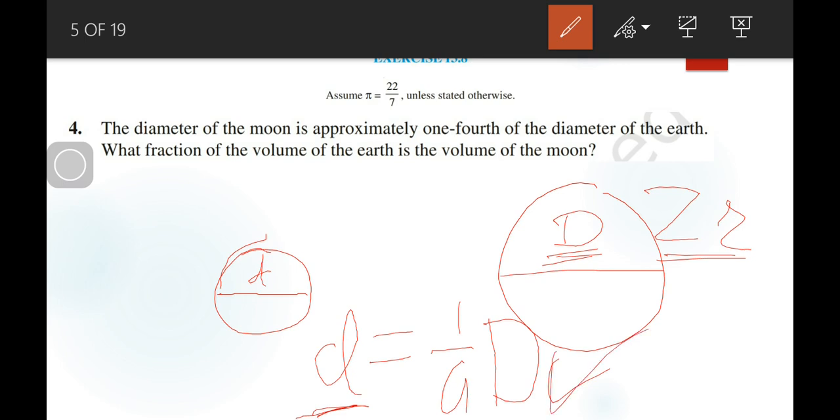Then we get the diameter of the moon d equal to 1/4 into 2r, that is equal to r by 2. So using this method we can find the fraction of the volume of the earth and moon.